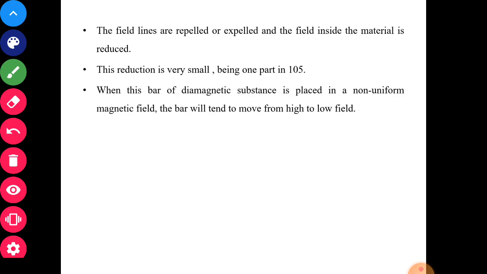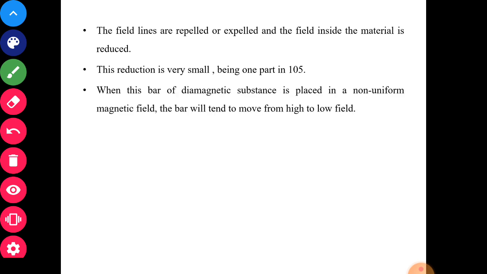The field lines are repelled or expelled, and the field inside the material is reduced. This reduction is very small, being 1 part in 10^5, but a reduction will be there.